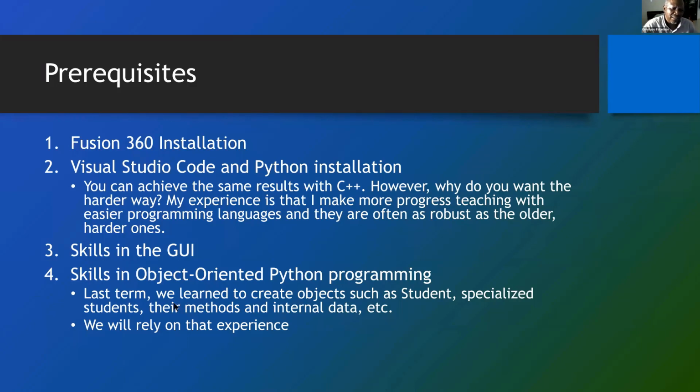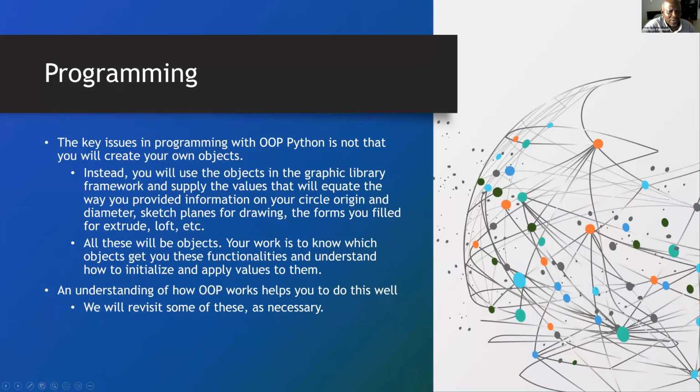Then you also need skills in object-oriented programming. Last time, we learned to create objects such as students, specialized students, their methods, and internal data. We will rely on that experience. The key issue in programming with object-oriented Python is not that you will create your own objects. Instead, you will use the objects in the graphical application framework or graphic library framework, and supply values, the way you provide information on your circle origin, diameter, sketch planes for drawing, forms you fill.